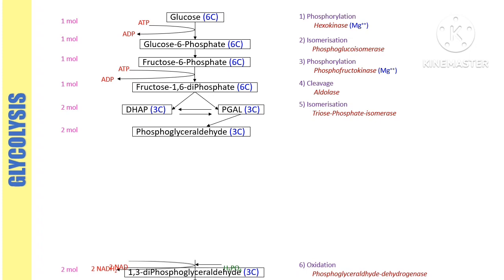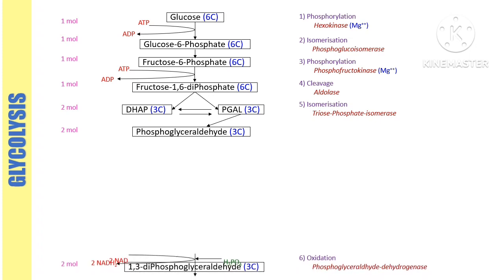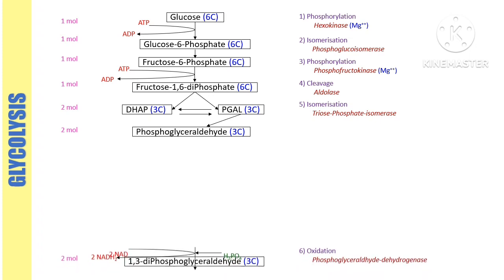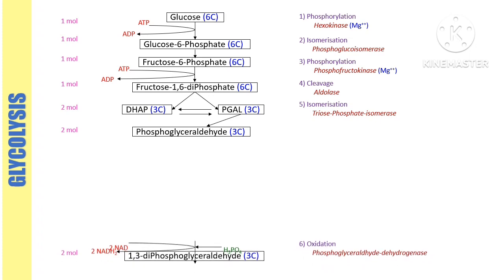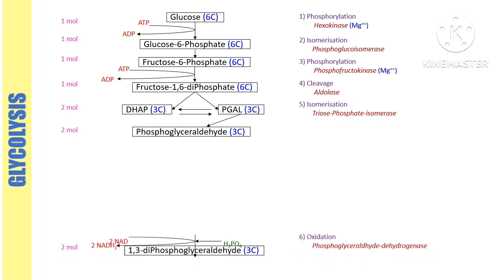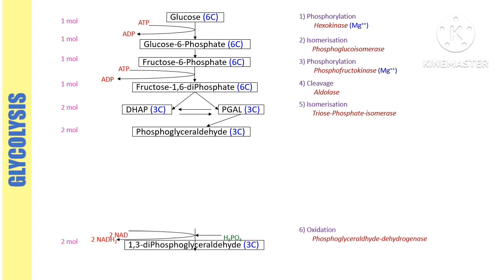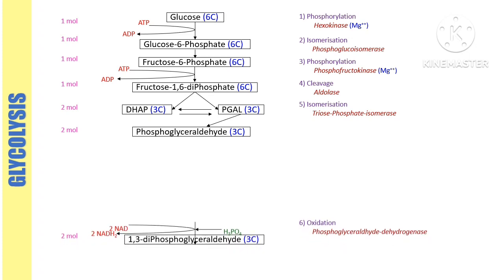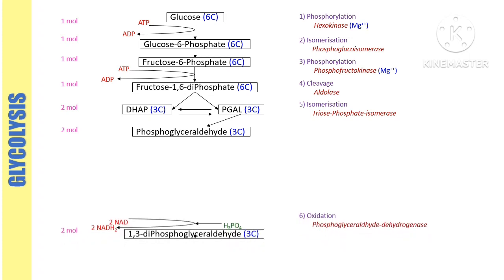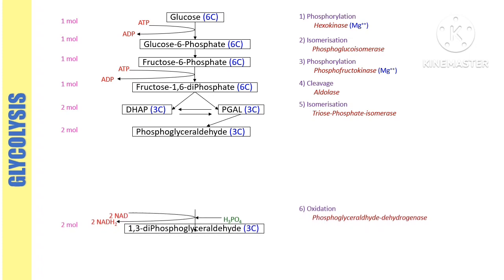Particularly the sixth reaction is oxidation, where NAD is reduced into 2 NADH2 molecules. Here we get 2 molecules of 1,3-diphosphoglyceraldehyde. Here the phosphoric acid, that is H3PO4 group, is added.